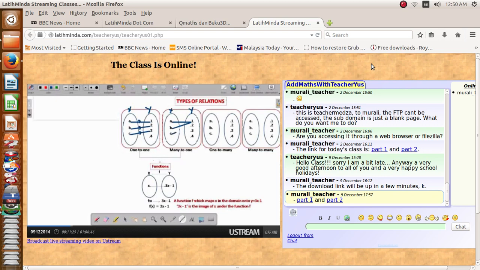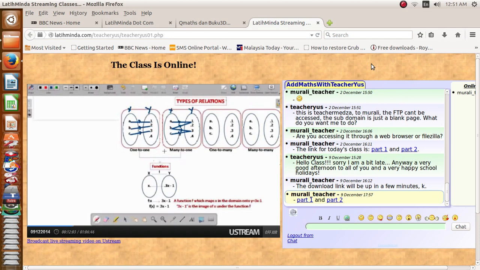Maybe C goes to 3. It can also be B going to 3. Can you see? We have multiple objects going to one image in Y. This is what we call many to one. Again, don't forget the arrow: A maps onto 1, B also maps onto 1, B maps onto 3, and C maps onto 3.